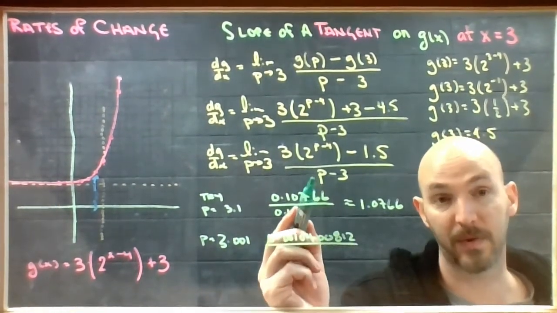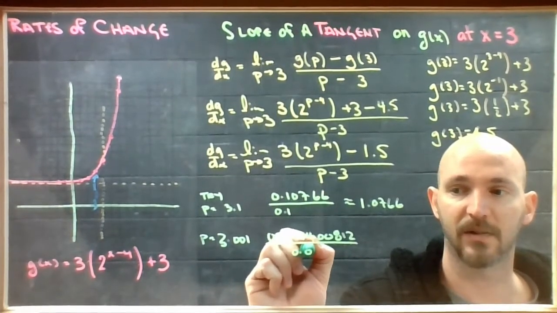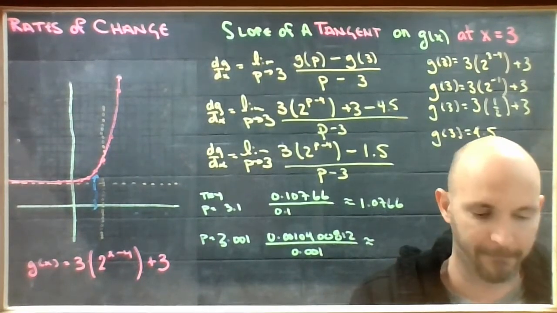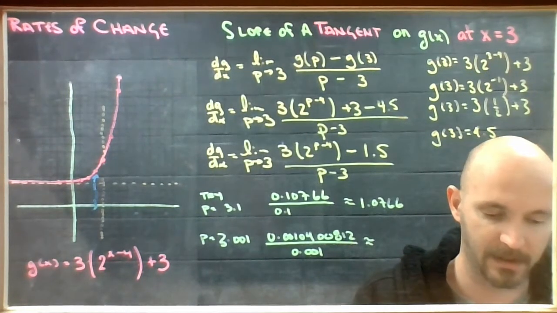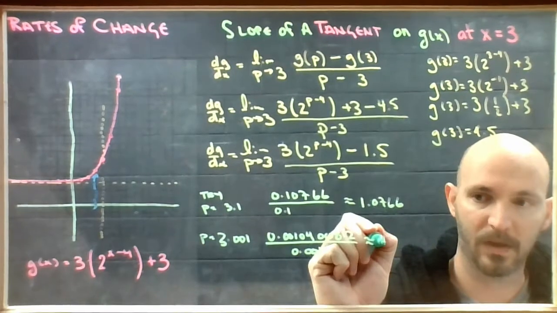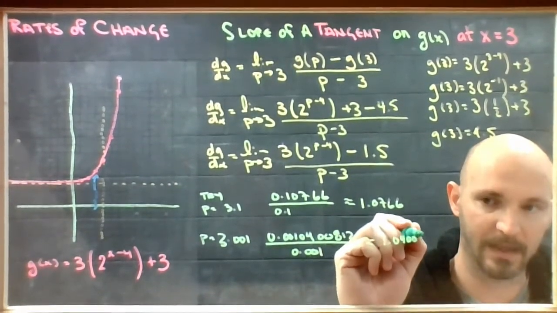And if I put 3.001 here, subtract 3, I get 0.001. Divided by 0.001 is 1.04008.